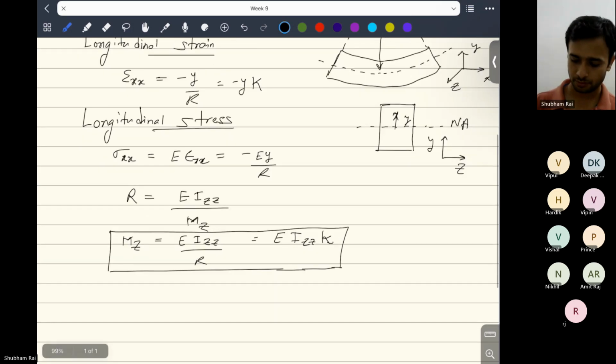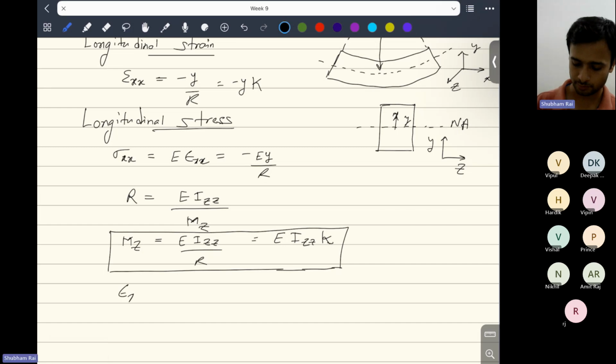Now you can also write the strain, epsilon xx. So let me write the stress, okay? What was the stress? The stress was minus of E into Y by R, right? From here, E by R is equal to M by I. So you can substitute here.